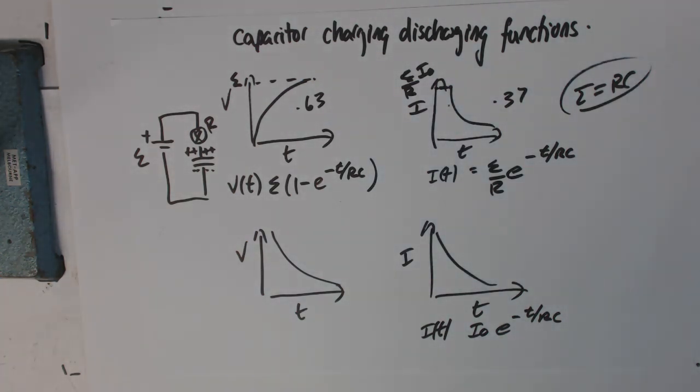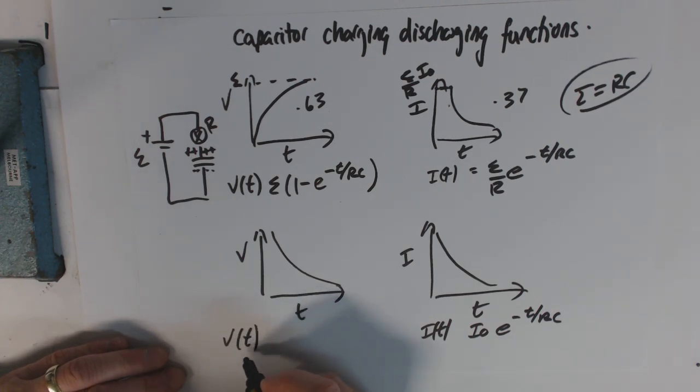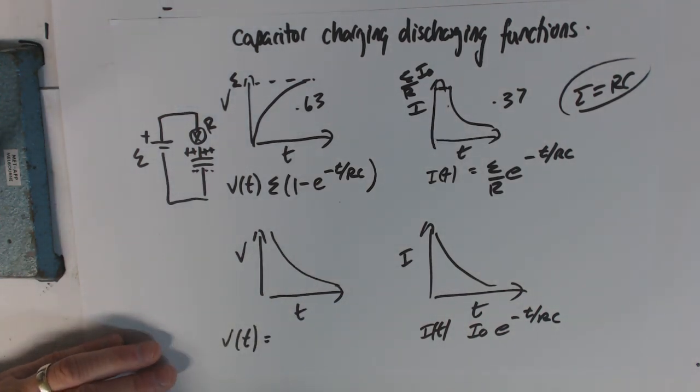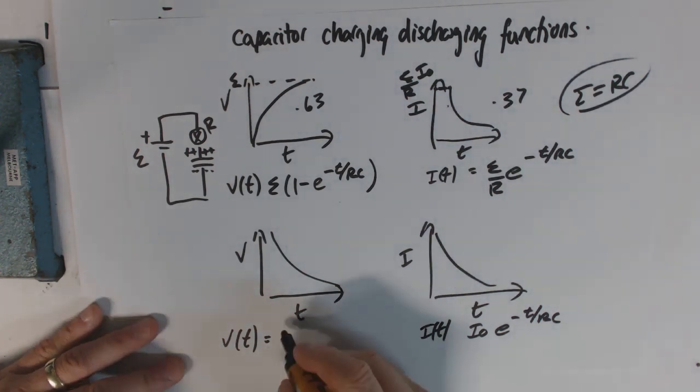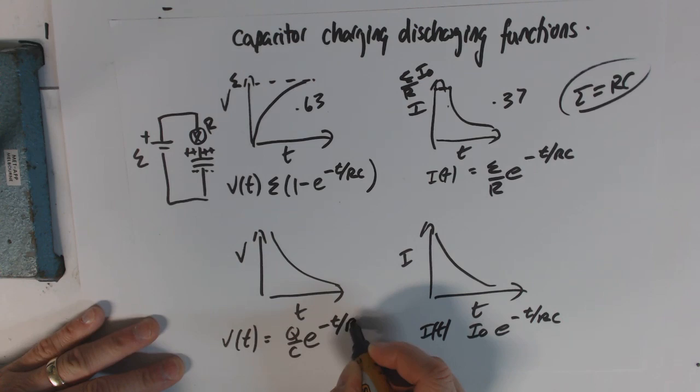The voltage one, let's have a think about that one. Yeah, the voltage one's going to be also pretty similar. V as a function of t is going to be equal to Q over C, which is the voltage on the capacitor, times e to the minus t over RC. I'll write it that way just so that you get used to seeing things like that.